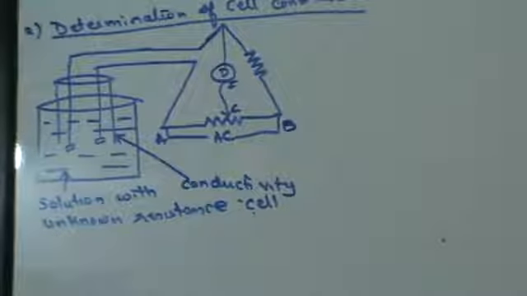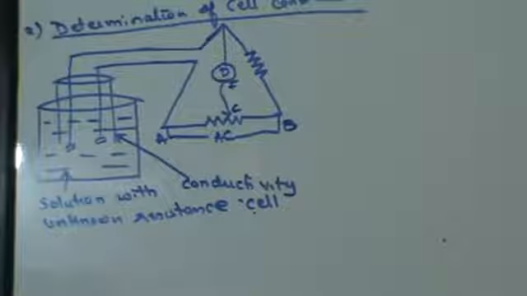In order to find out the conductivity of cell, I have to make sure that I use the solution that I'm going to use. I'm going to use a KCl solution which is either 1 molar or 0.1 molar or 0.01 molar. Right?